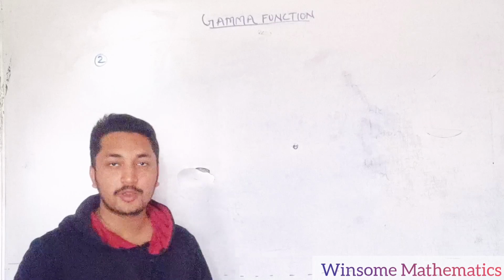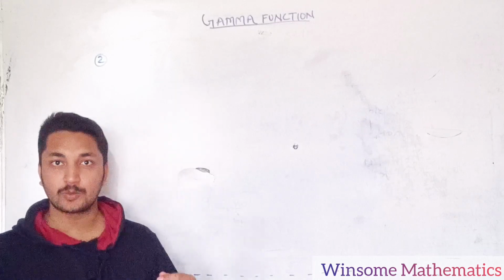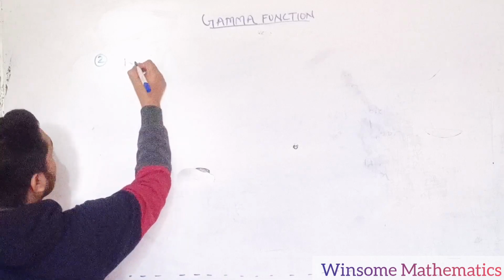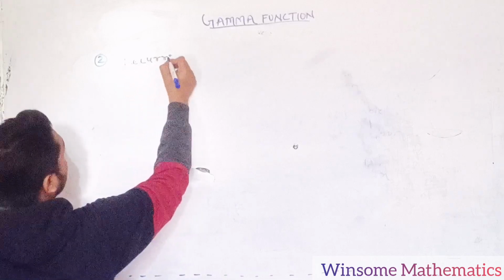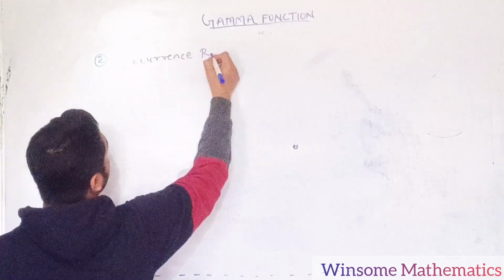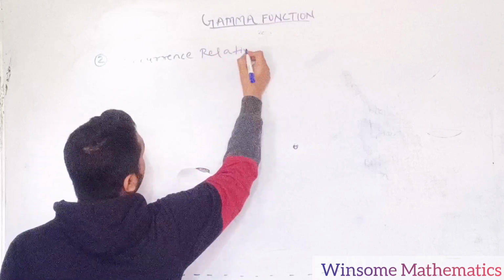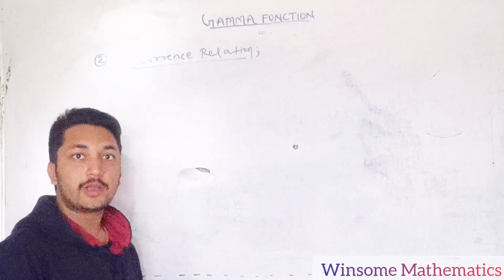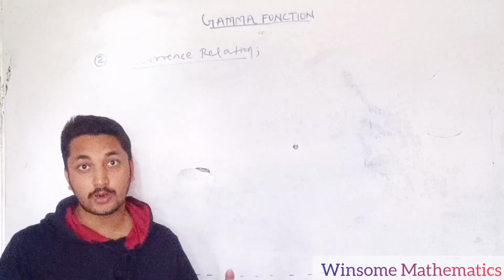So coming to the properties of the gamma function, the first property is the recurrence relation. And what is the meaning of recurrence relation? So first of all, clear it.